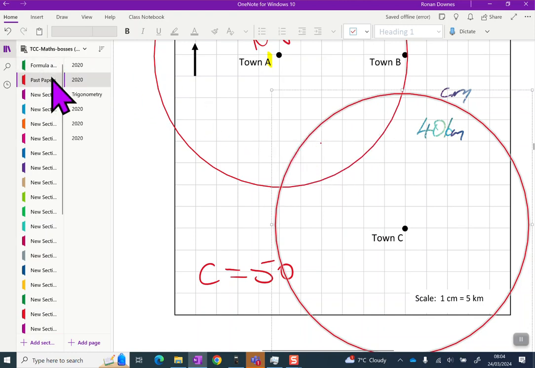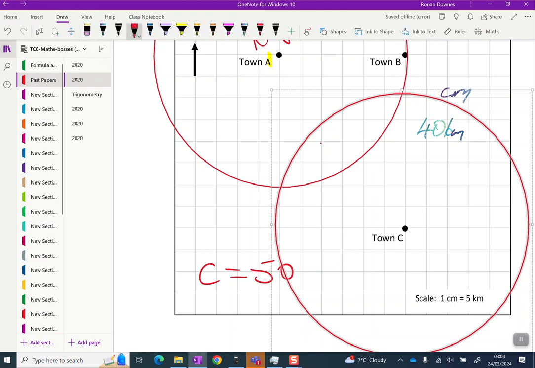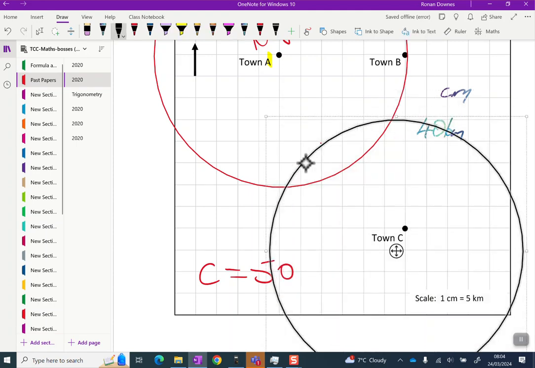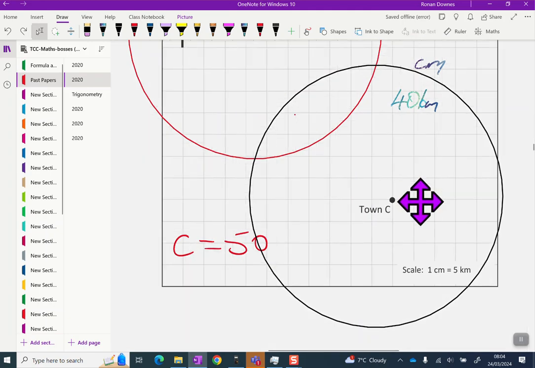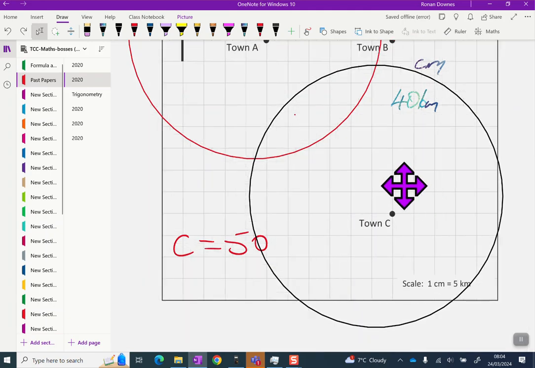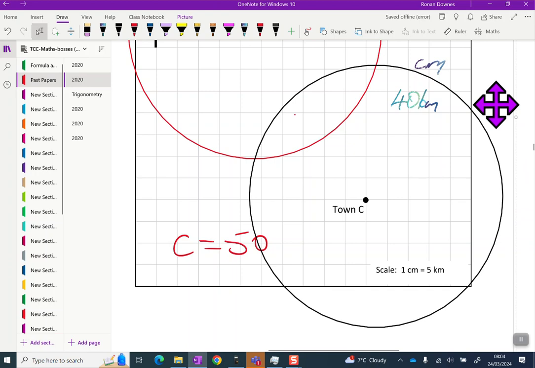Okay, so I'm going to mark that area now with some sort of hatching. There's the color of the circle only. And that's where they can live, anywhere in that area there.